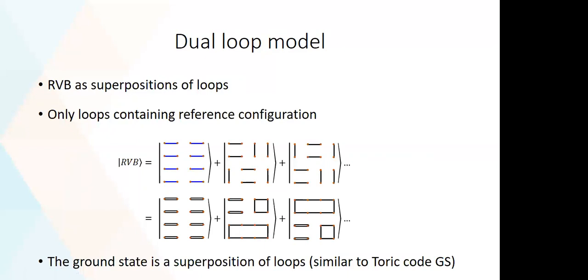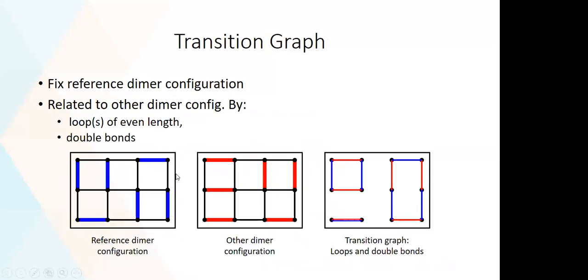How do you construct those loops? You construct them with respect to the reference configuration. You put the two dimer configurations on top of each other and you'll get this picture, and you'll have loops and double bonds. That's the only thing you'll get. Is it guaranteed that it will be closed?